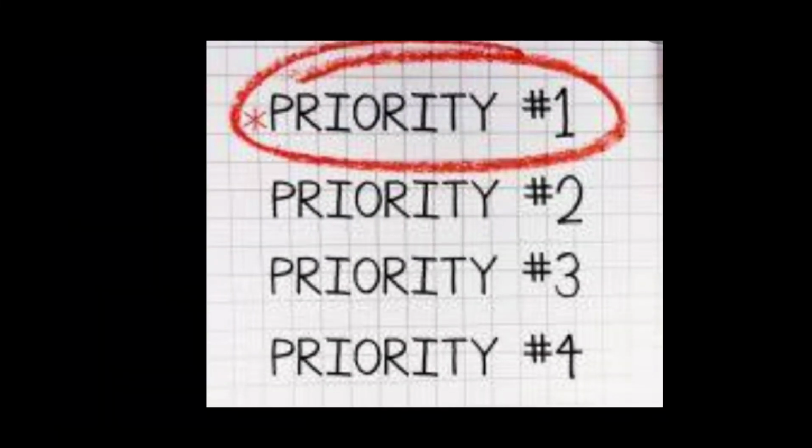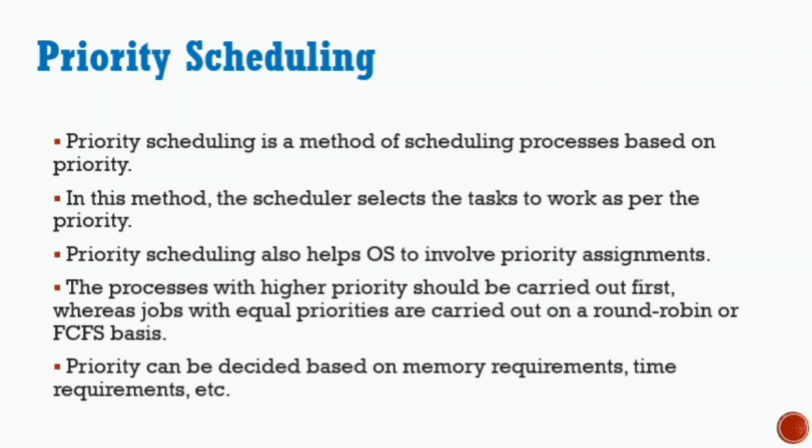And if there is more than one task with the same priority, then tasks with equal priorities would be carried out either in a round robin fashion or on the basis of first come first serve. And the priority can be decided based on the memory requirements, the time requirements and constraints, and many other parameters. So this is all about priority scheduling.